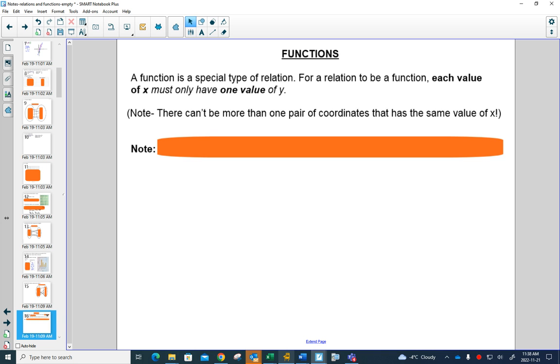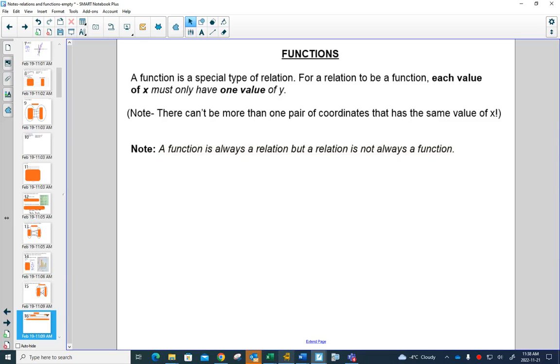That would get a little bit confusing. So, a function is always a relation, but a relation is not always a function.